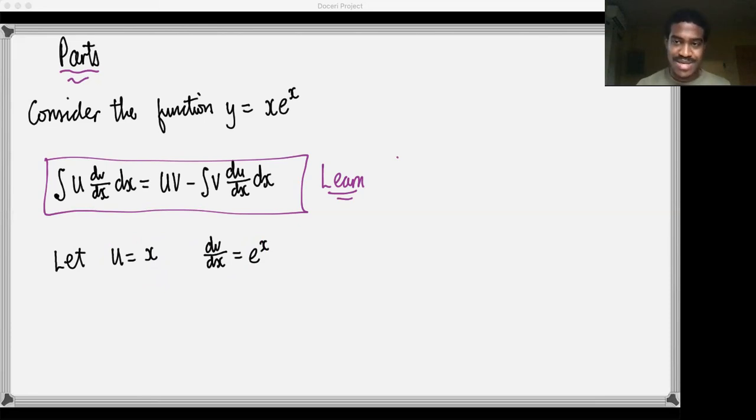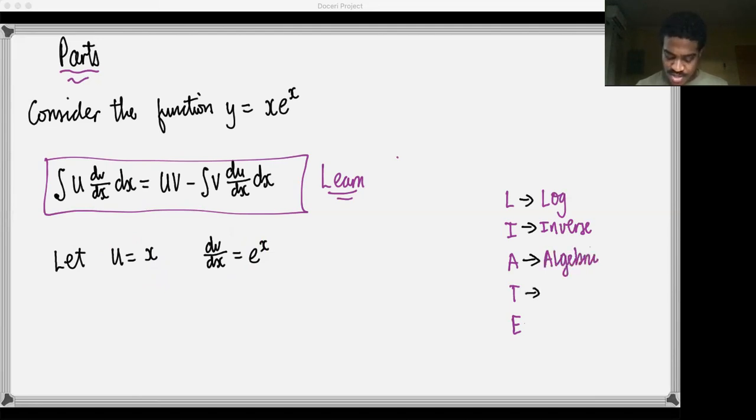Or you can use the LIAT rule that persons like to use as well. So this is the acronym, LIAT. What the L stands for is log functions, I stands for inverse functions, A stands for algebraic functions, T stands for trig functions, and E stands for exponential functions.